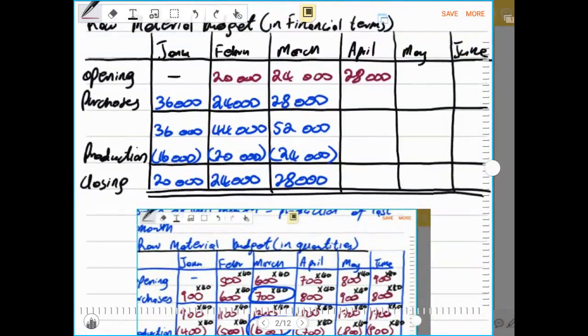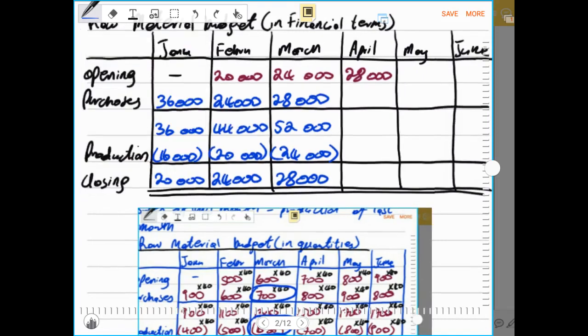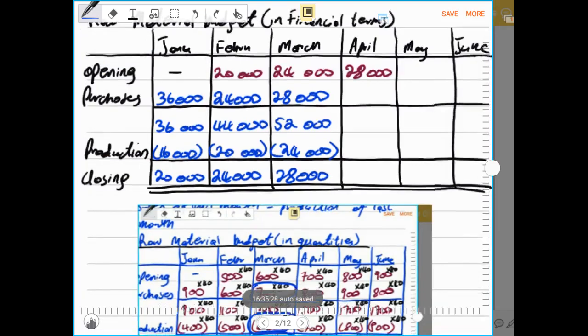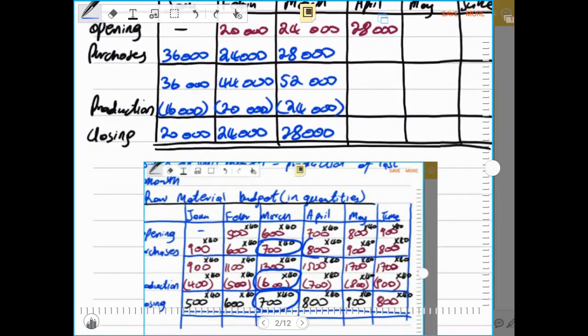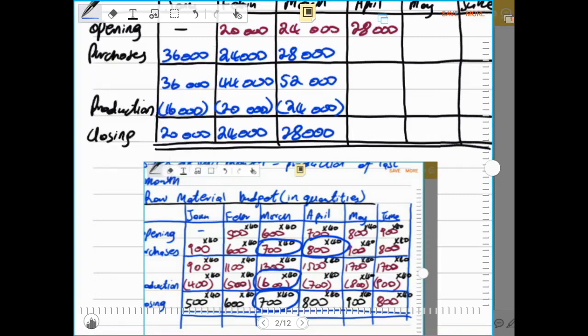So now we record production for the current month, and the production for the current month is 800 by 40. 800 multiplied by 40 gives us 32,000, and 32,000 is the production of the month of April, and 28 plus 32 will be 60,000 rands.